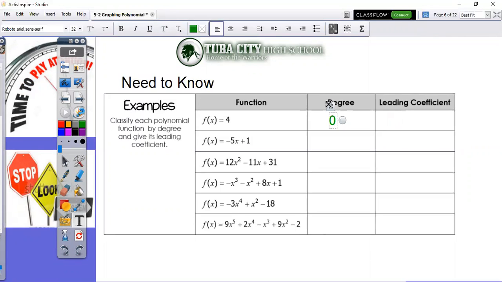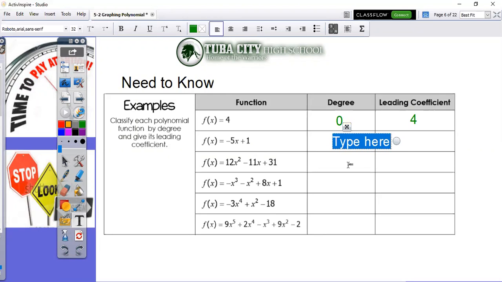So our highest degree is 0 degree, which 0 is the degree. And if we take the highest power, in this case, x to the 0, the number that is paired with it, the coefficient for that is going to be 4. The leading coefficient is 4. So even though this has no power, it is still considered a binomial with a leading coefficient of 4.